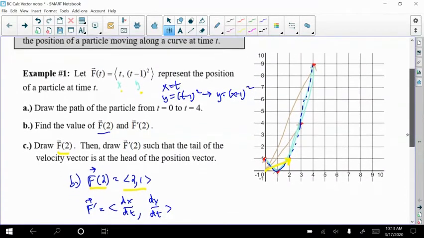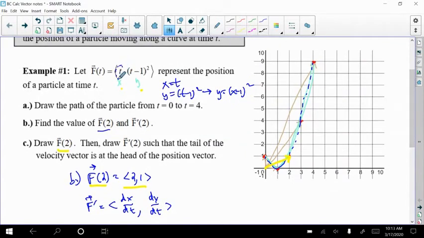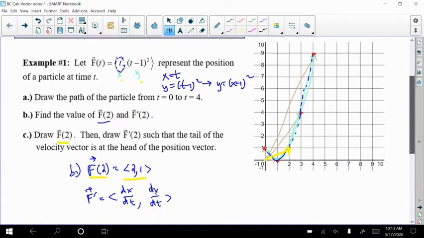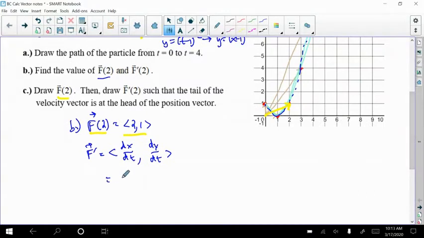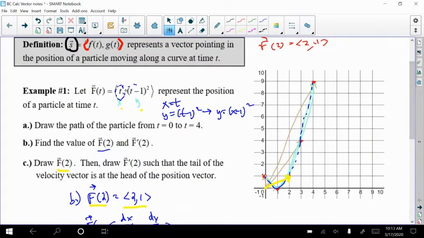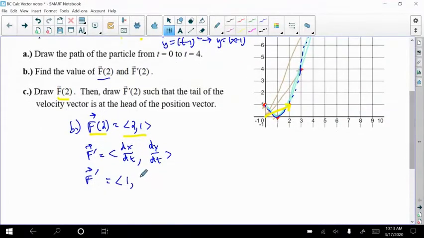So the x component was, now if I look at this function here, it's just t, so its derivative is 1. So then the overall derivative vector, just as a generic vector, is 1 comma, and then I do the derivative of the second component, the y component. It's 2 times t minus 1 to the first power. Technically, there's a chain rule, but its derivative is 1. So we would get the vector 1 comma 2t minus 2.